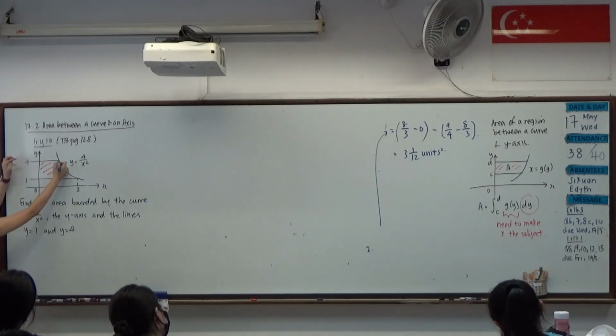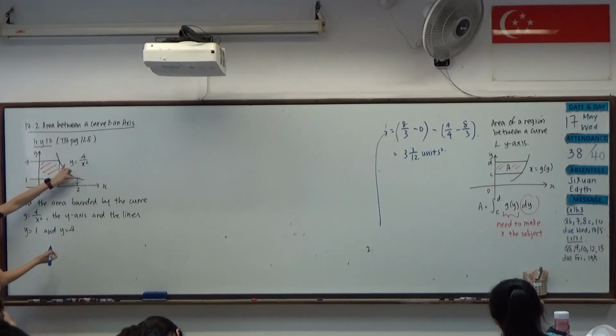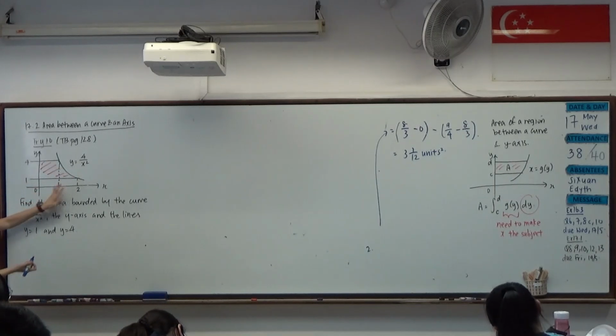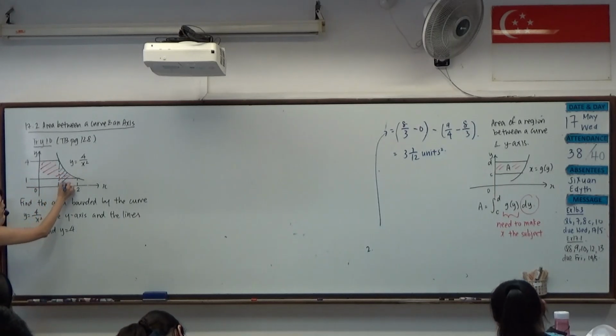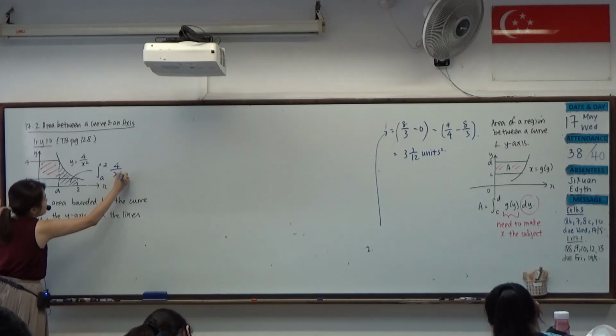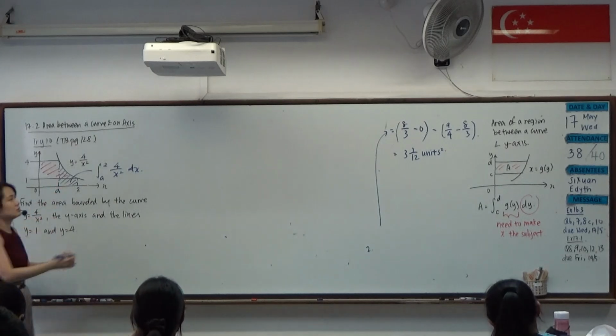We know how to find the area below the curve already, right? To the y-axis. So this entire area itself will be integrating from a certain number a to 2 of 4 over x squared dx. But the thing is that I don't want this part. So eventually I must still minus away the rectangle.